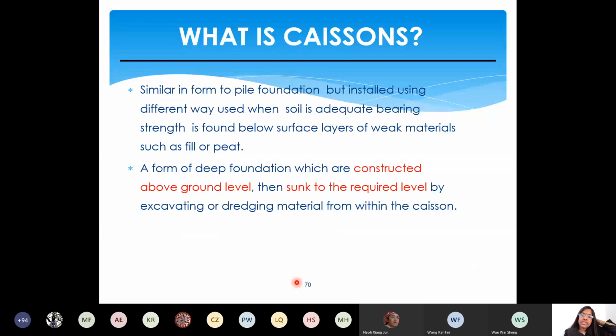What are caissons? Similar in form to pile foundation, but installed in a different way, used when soil of adequate bearing strength is found below surface layers of weak materials such as fill or peat. There is fill material, and the hard foundation is only beneath.